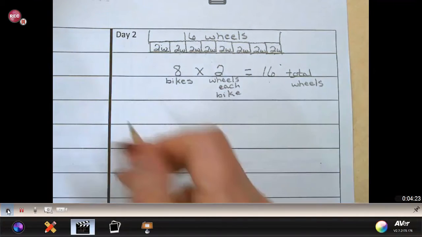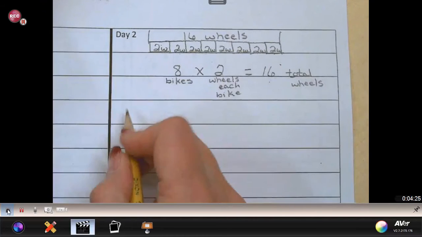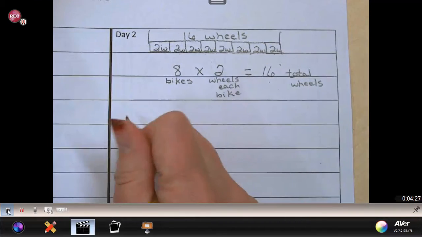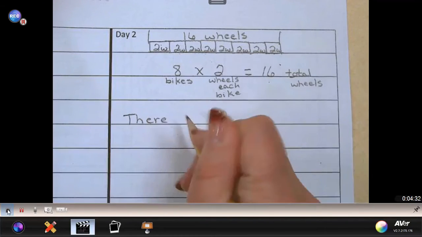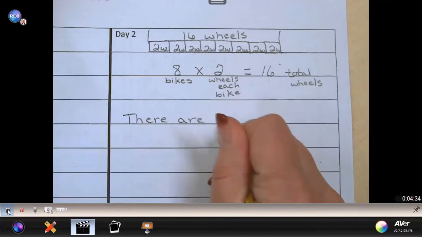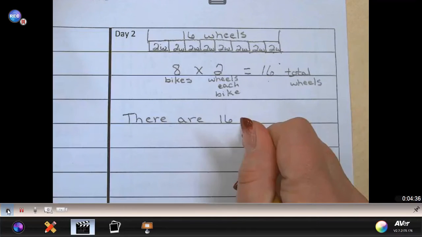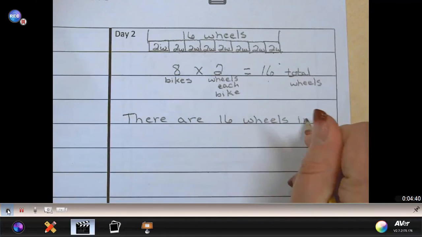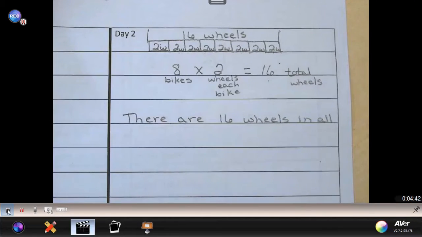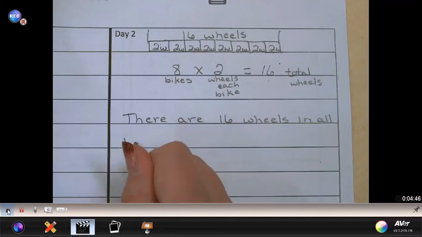Now we can write our answer statement. So our answer statement, our question was how many wheels were there? So we could say there are 16 wheels in all, and that's what they wanted us to find, but now we're going to explain how we found that out.